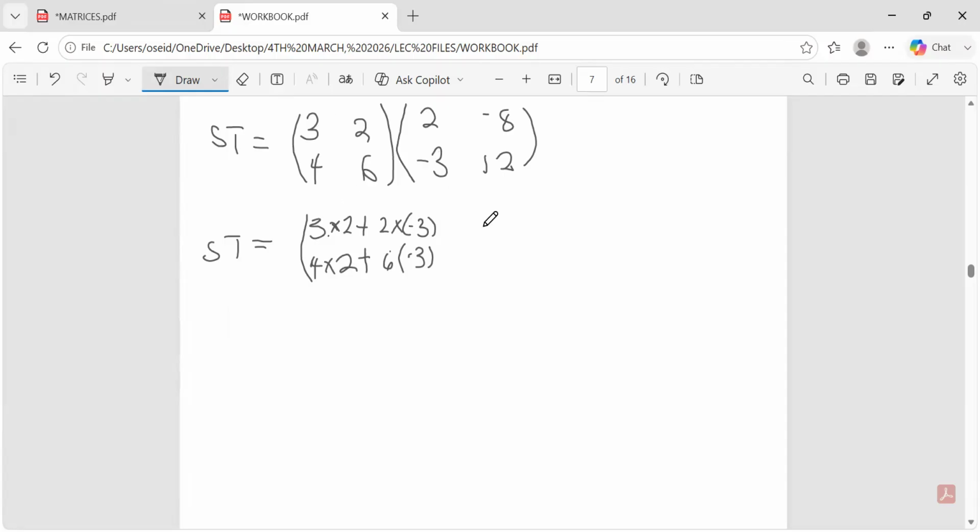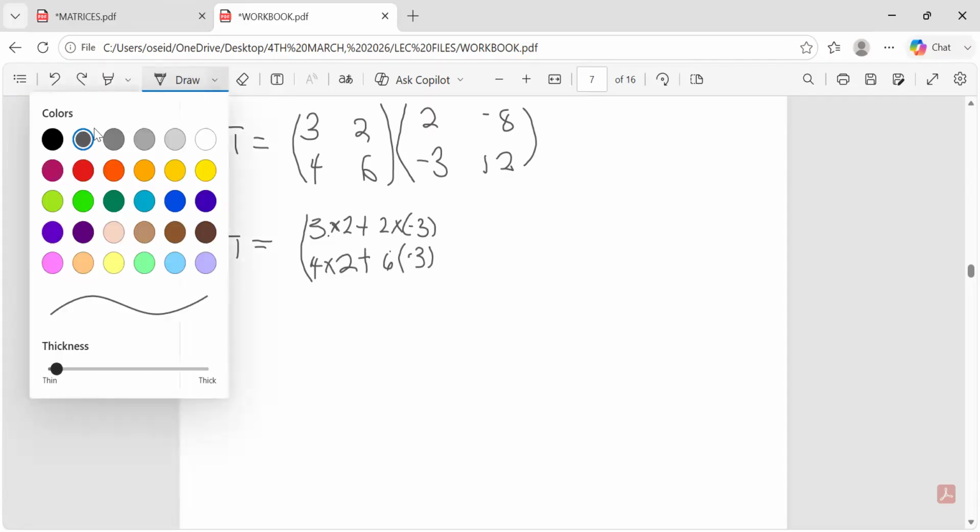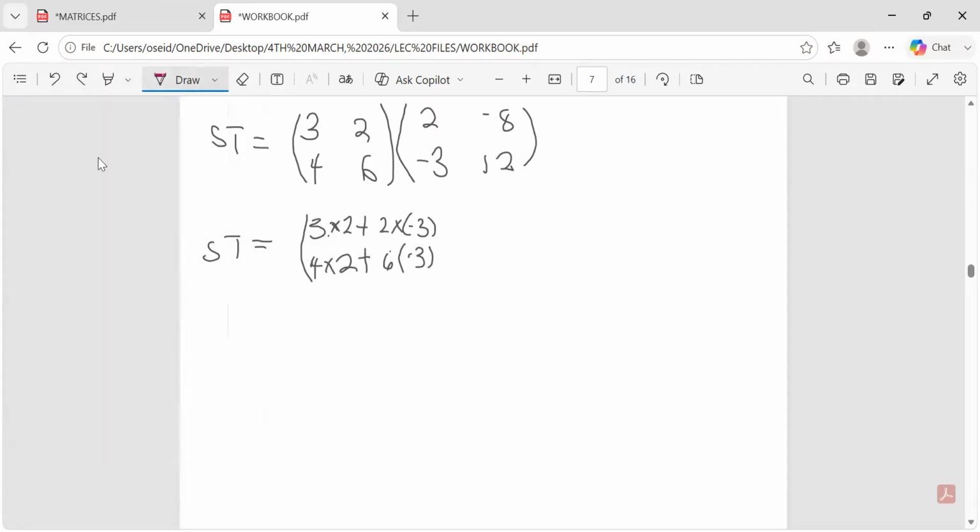So let's move on to the second column. The second column, let's change our pen ink. So we are going to get 3 times negative 8 plus 2 times 12.